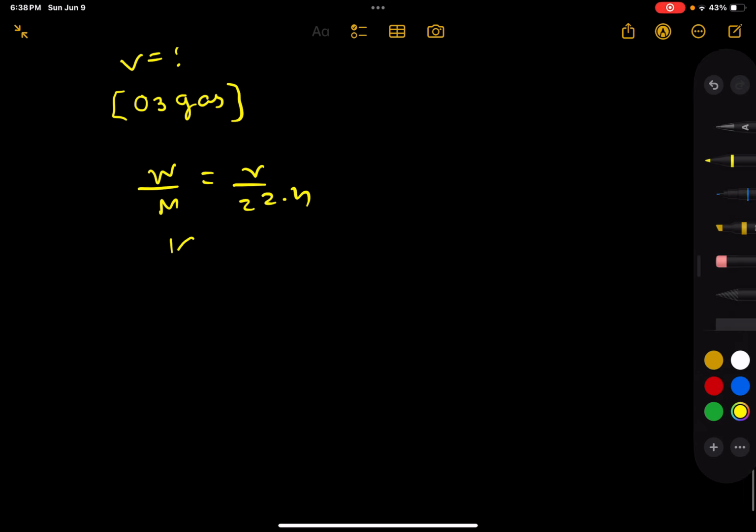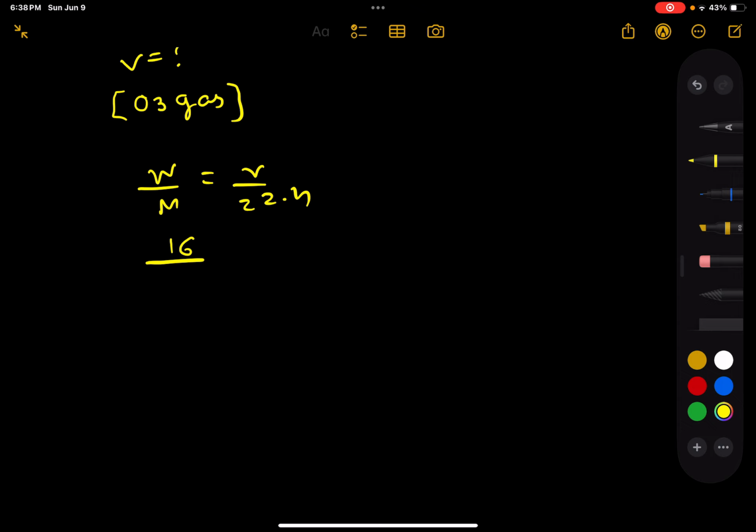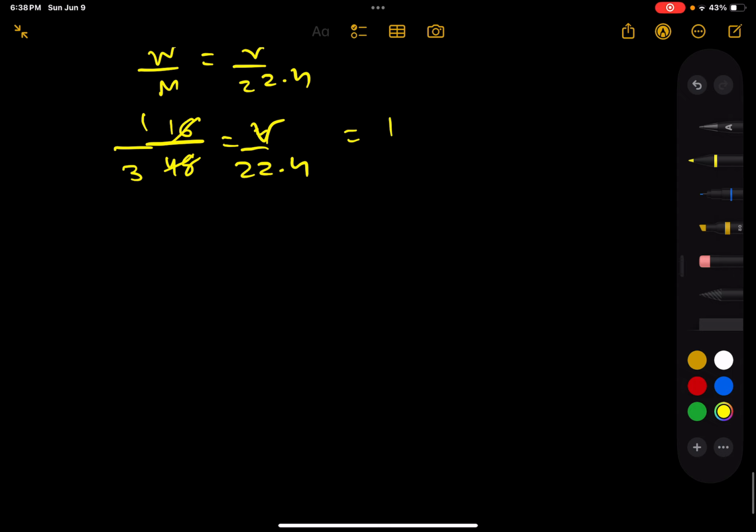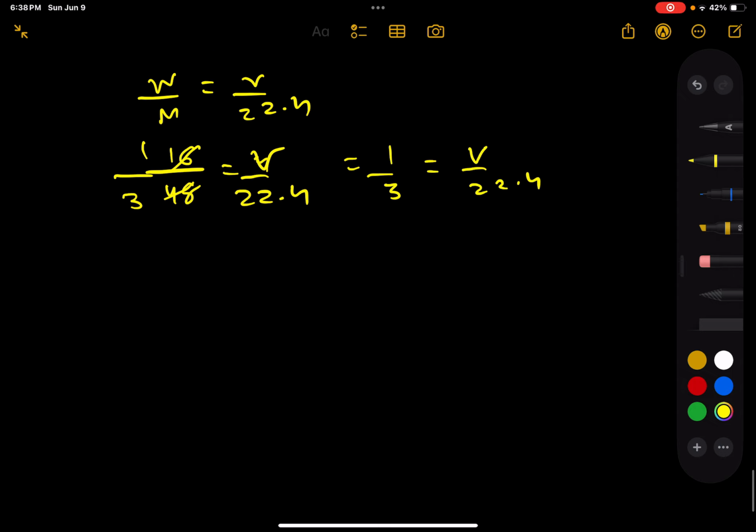So that means 16 upon 48 is equal to V upon 22.4. So that means 1 upon 3 equal to V upon 22.4. Now we have to divide 22.4 by 3.